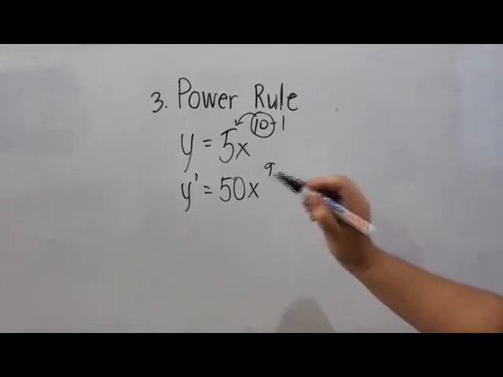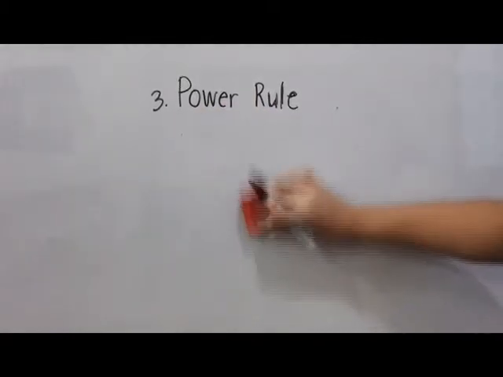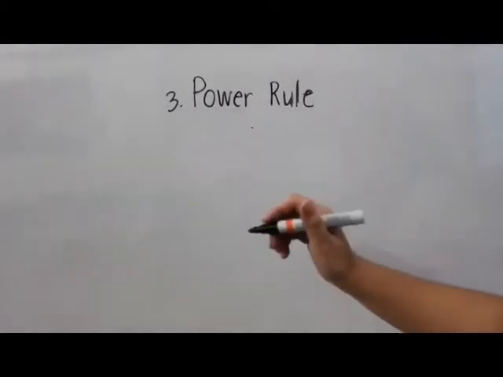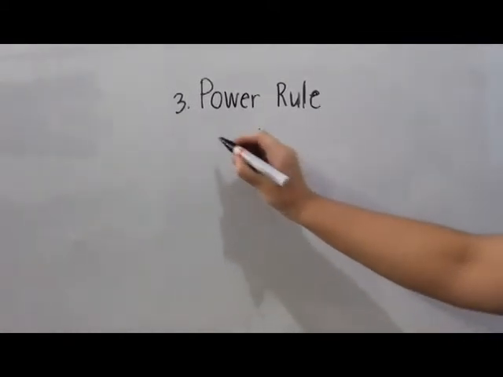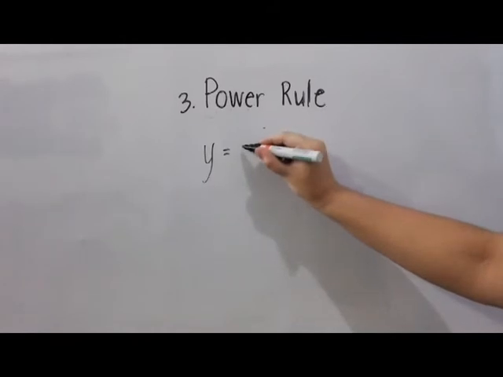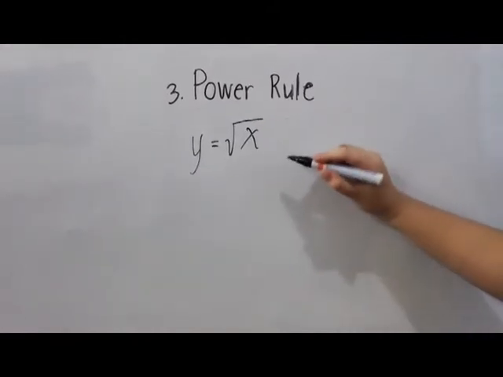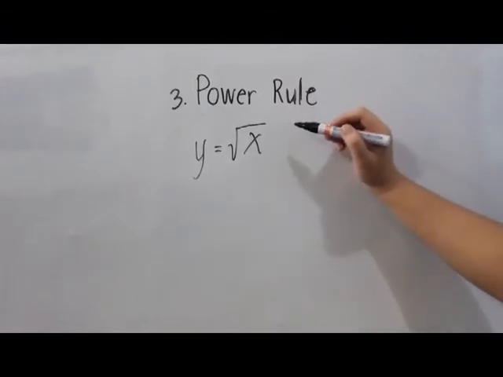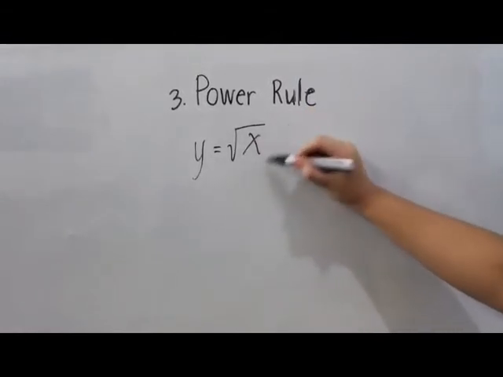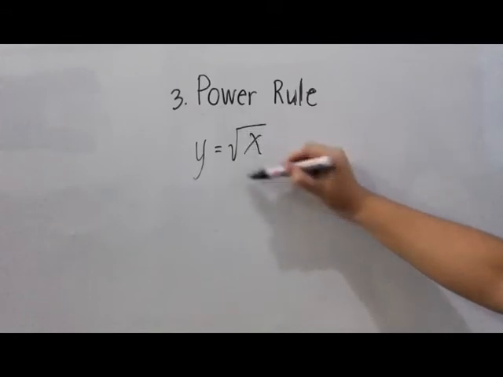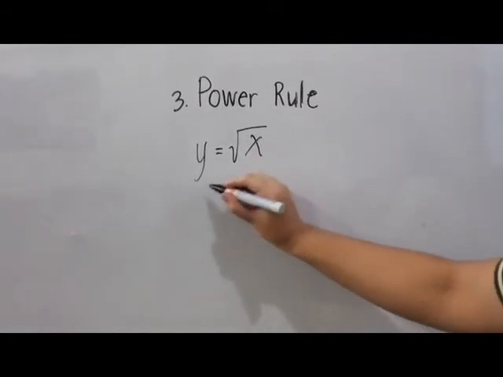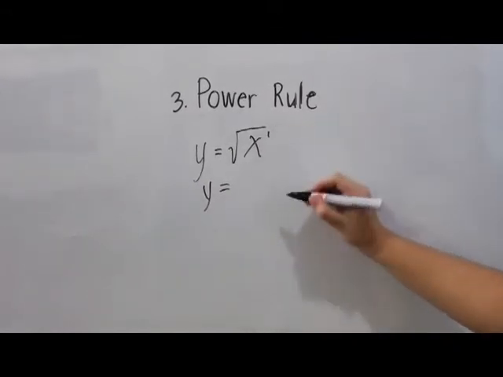Let's have another example. What if you were given a problem like this? y equals square root of x. So here, before we proceed to the power rule, you would first simplify the term.